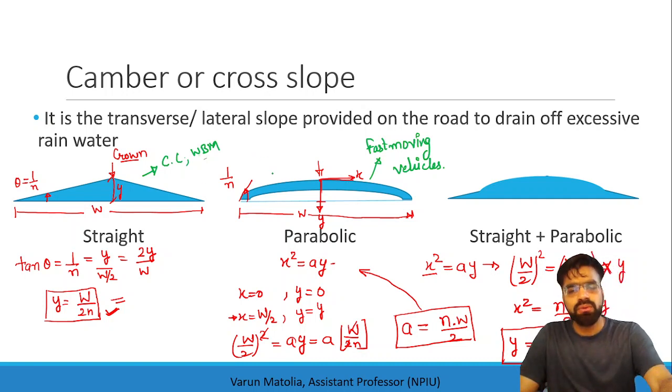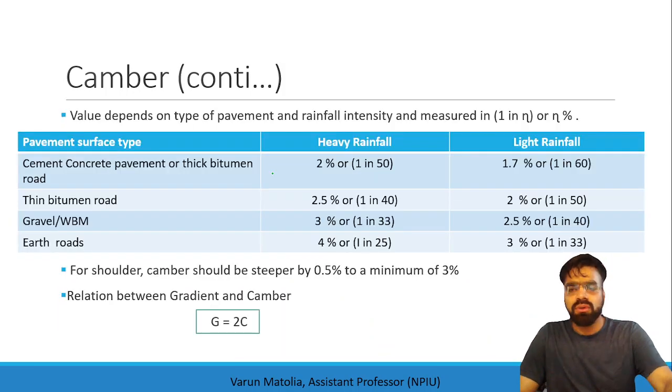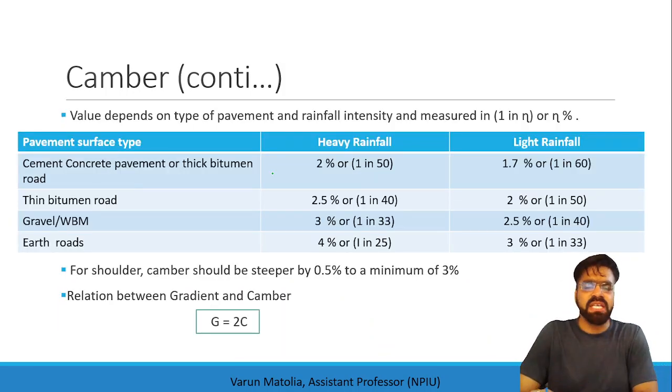Let's get into the value of camber which can be provided for different types of pavement. From the explanation, you will be able to understand that camber is provided on the basis of the type of pavement and the rainfall. Type of pavement matters because if the pavement is good, there are fewer pores which allow water to percolate through.